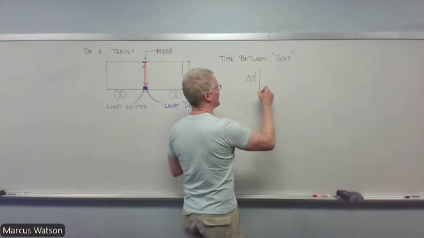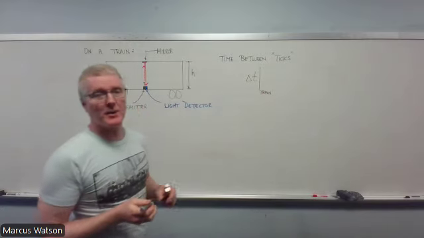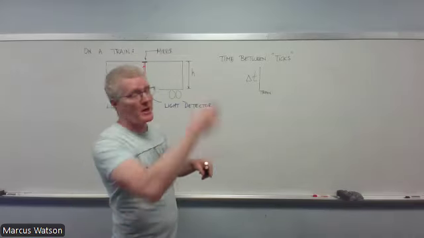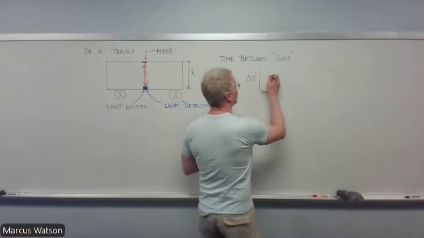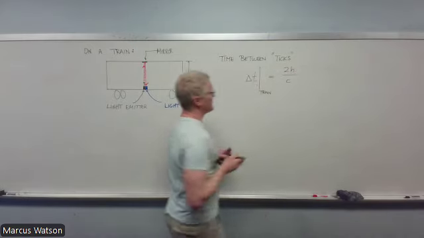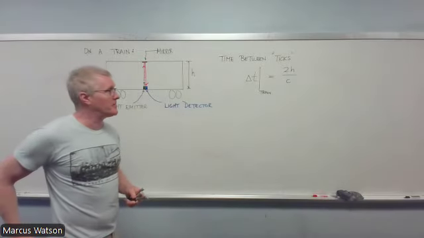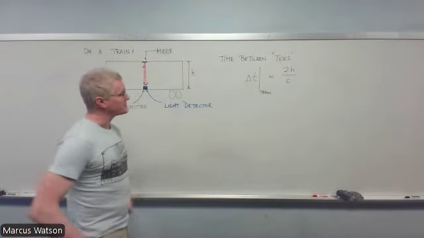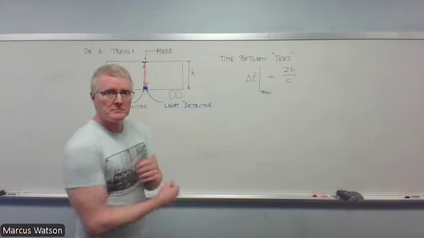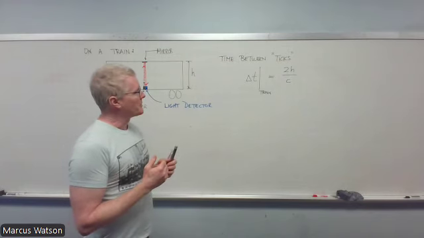I'm going to put a big line here and put train, so that we know that that's evaluating the time interval as if I were standing on the train watching this thing, okay? And the time must be 2h divided by c, because light's traveling at c and it went a distance of h up and h down, okay? All right, so no problem. Seems relatively straightforward, hopefully.